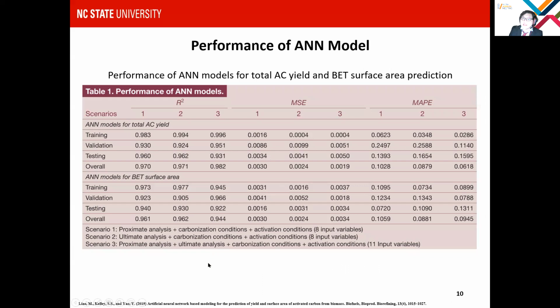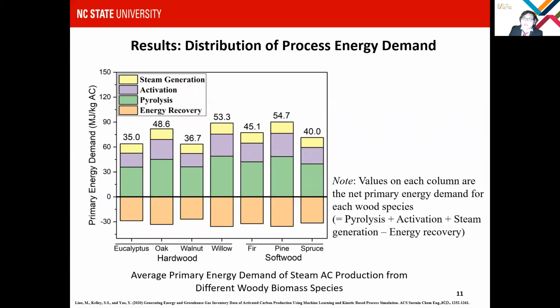Here is a table that shows the correlation coefficients and the accuracy of our established artificial neural network. We can see that in predicting the activated carbon yield, this model has a very high correlation coefficient, so it is accurate enough for our further simulation work. Here is a figure that shows the energy consumption of the steam-activated carbon production for 7 typical woods with their average result.